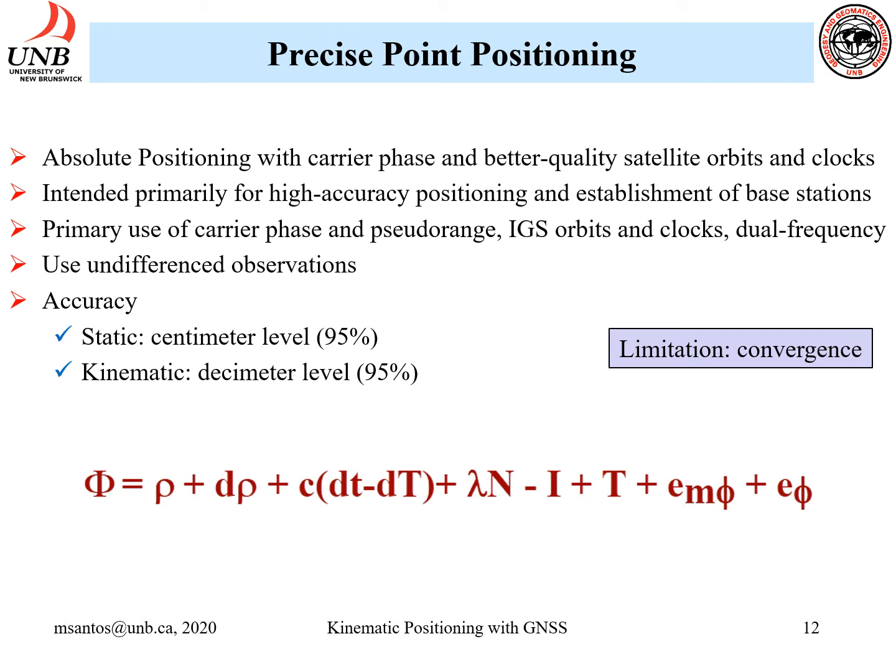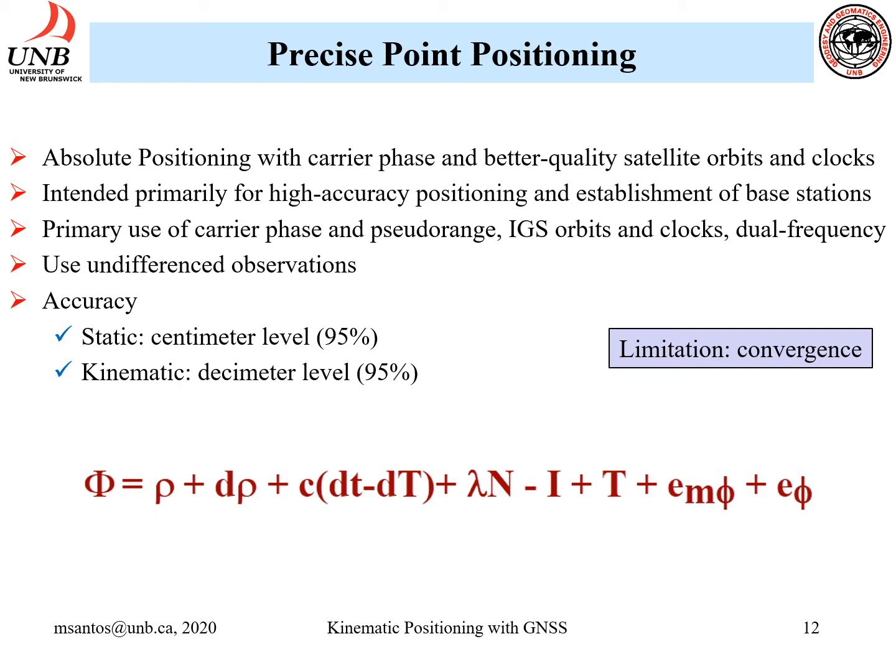Precise point positioning. Precise point positioning is absolute positioning using carrier phase measurements and better quality satellite orbits and clocks than the ones broadcast in the navigation message. It is intended primarily for high accuracy positioning and establishment of base stations.